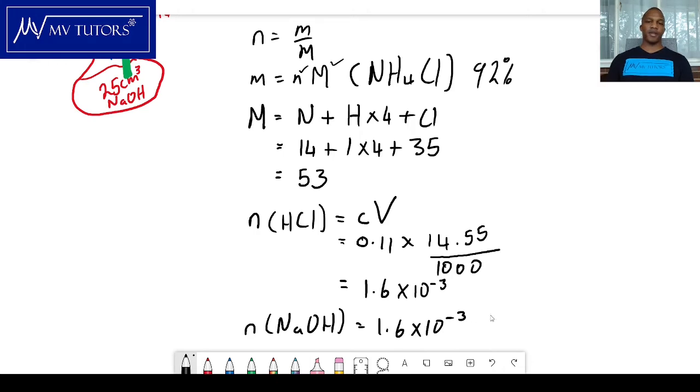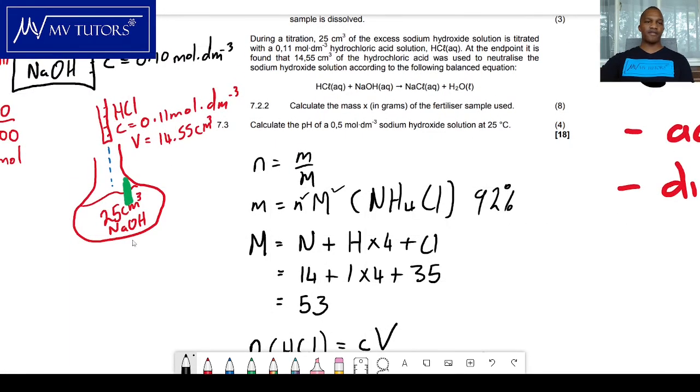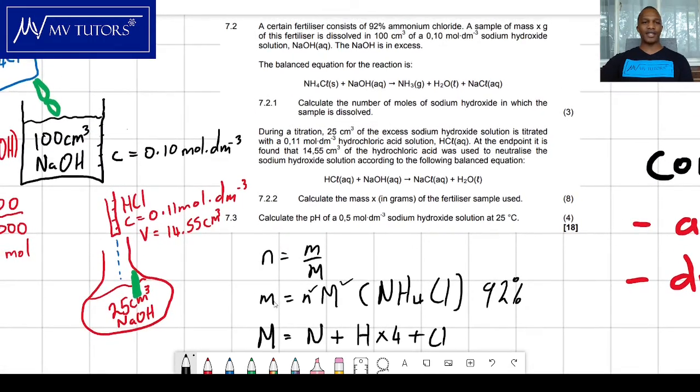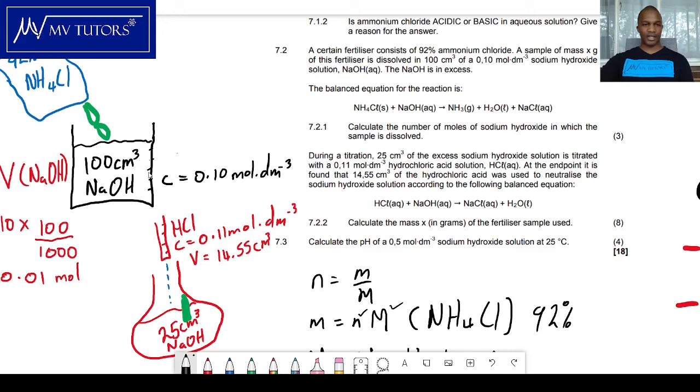All right, but remember this is actually in the 25 centimeter cubed volume. But now we need to take this information from the 25 and apply it to the 100 centimeter cubed.